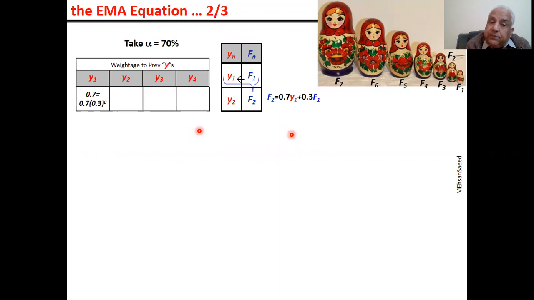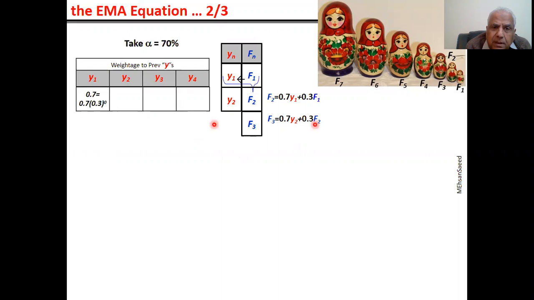Again, what is the forecast value of house number 3? 70% of this and 30% of this, which means this. 70% of this and 30% of this.